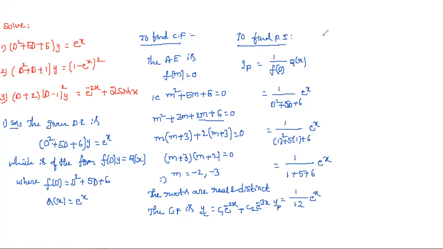And don't forget the final step. This is very important for writing in exams, 2 marks for this if it is 14 marks, and 1 mark if it is 7 marks. The complete solution is y is equal to yc plus yp.